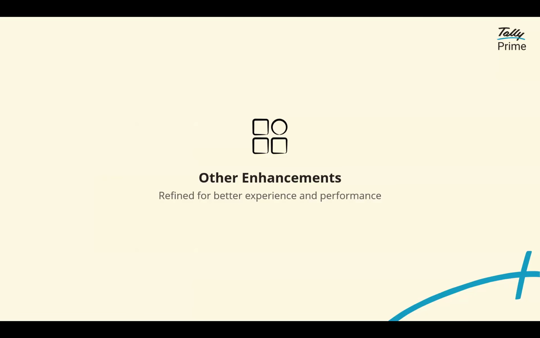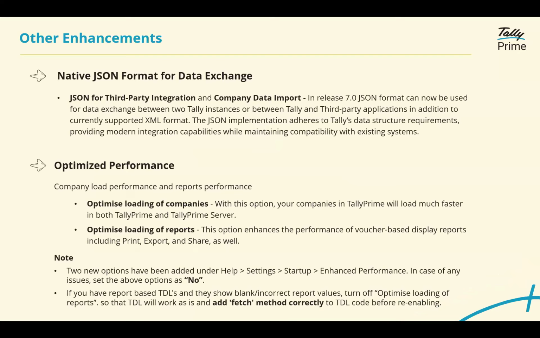So let's see some other enhancements which we have along with 7.0. The other enhancements are, we have supported JSON format for data exchange now. So any data you have in JSON, if you want to import that JSON data into Tally, you can do it now. You have an option to export as well as import the data in JSON.